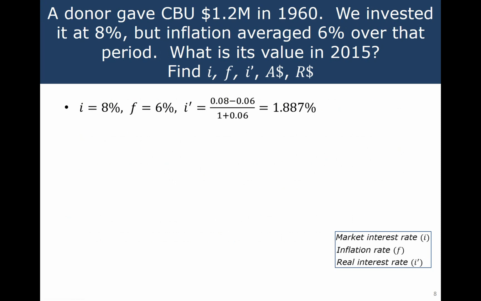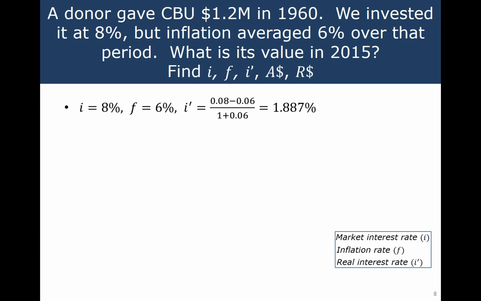For instance, a donor gave CPU $1.2 million in 1960. We invested it at 8%, but the inflation averaged 6% over that period. What is the value in the year 2015?